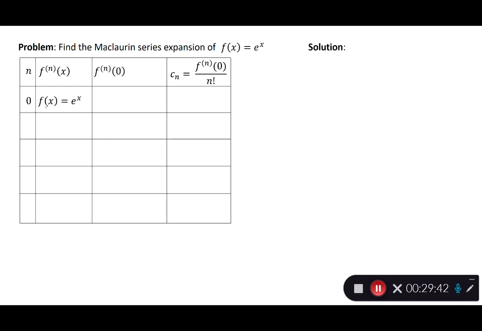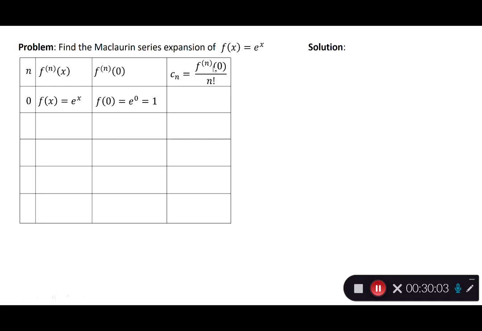So f to the 0 of x is nothing but f of x. F of x is e to the x. Cool. Now f of 0, can we find f of 0? Yep, e to the 0 is 1. Can we find c sub 0 corresponding to n equal to 0?